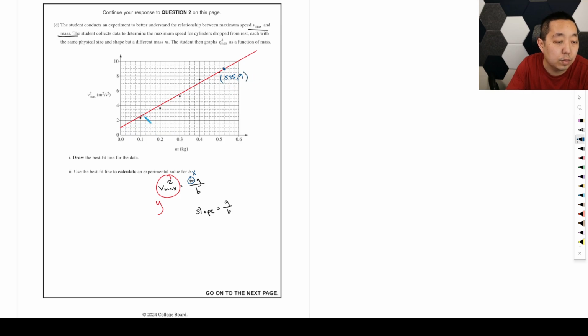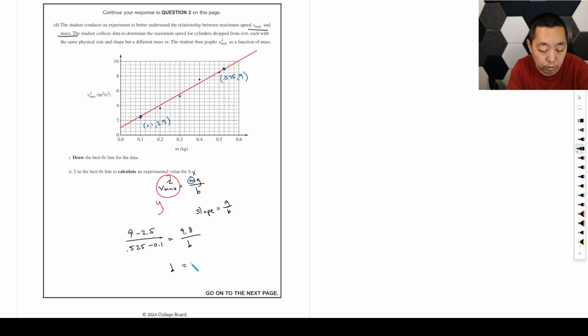Then we'll pick this point right here, which is 0.1, and the y value is 2.5. So we have 9 minus 2.5 over 0.525 minus 0.1 equals 9.8 over b, and then you just solve for b here.